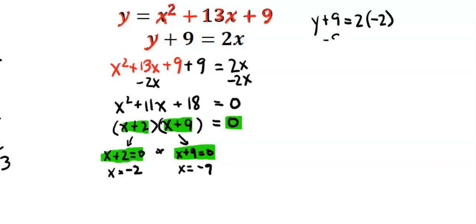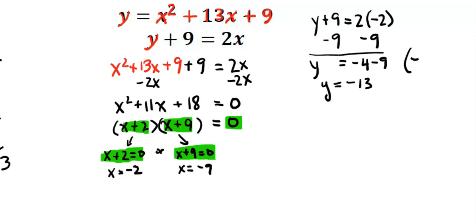And subtract 9 from both sides. y equals negative 2 times negative 2 would be negative 4 minus 9. So that'd be y equals negative 13. Which means that one of our solutions is at negative 2, comma, negative 13.